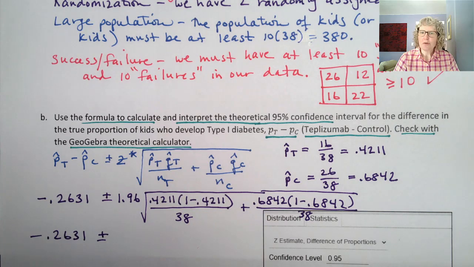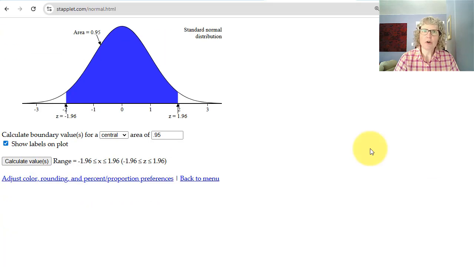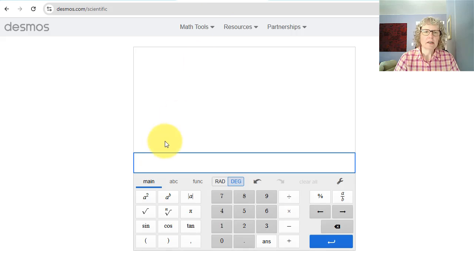So I'm going to go over to Desmos. And this is a perfect time to use Desmos because you can see everything at once, right?